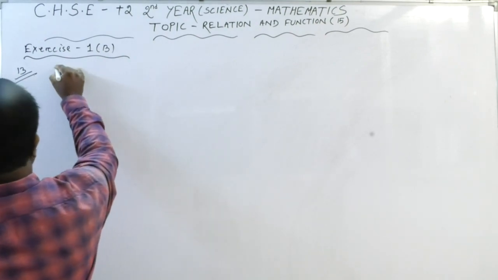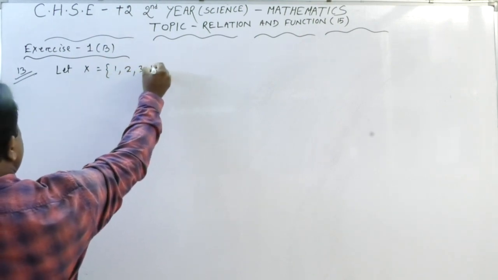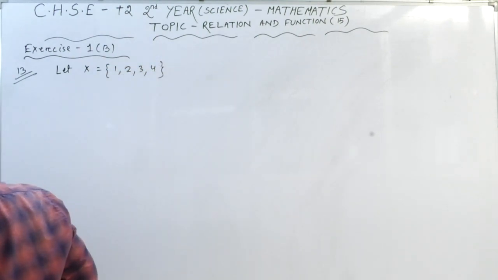The 13th question says, let X equal 1, 2, 3, 4. So set X is given with the elements 1, 2, 3, 4.